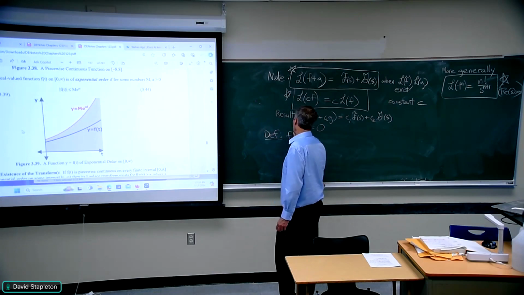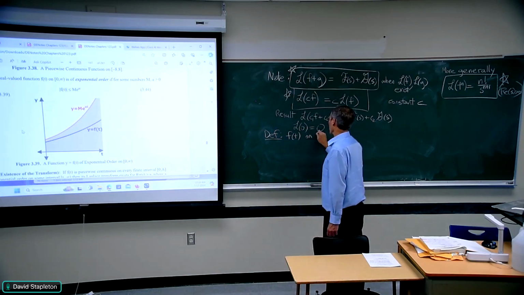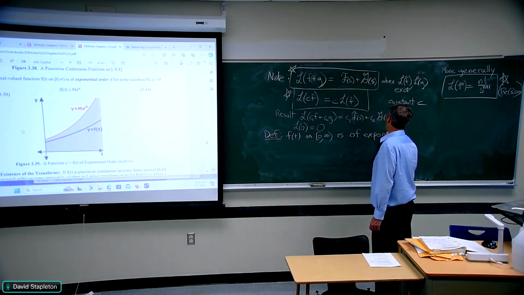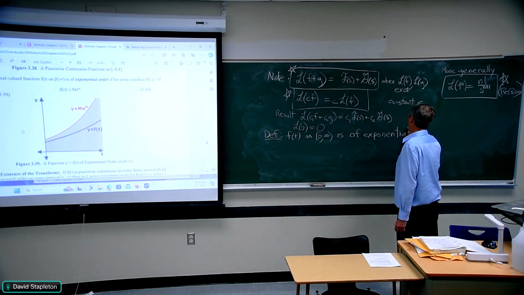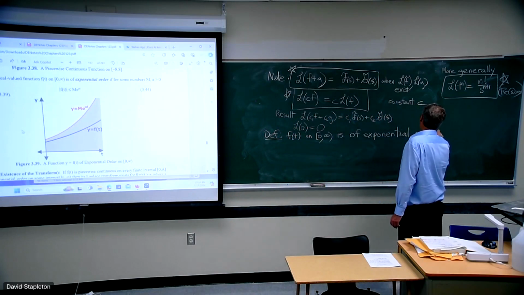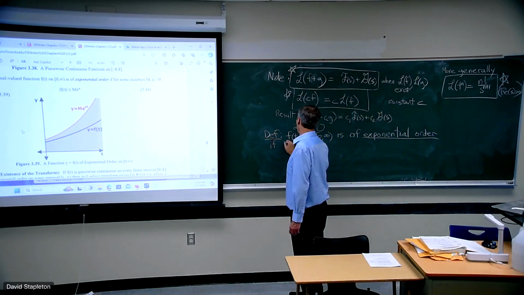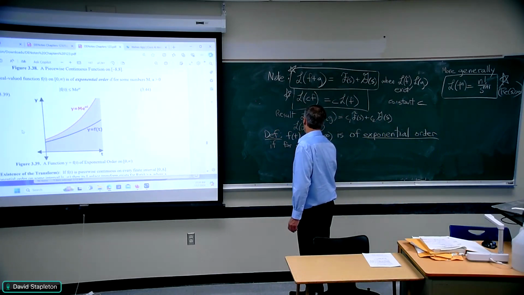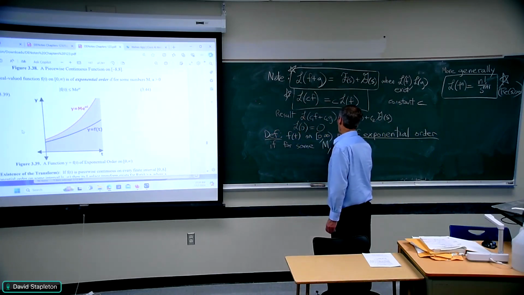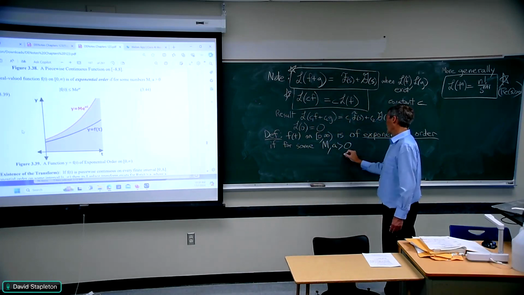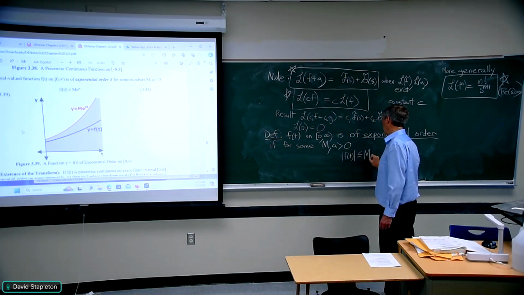We'll say that f of t, a function defined on the interval from 0 to infinity, is said to be of exponential order if for some positive numbers m and a, it is the case that the absolute value of f of t is less than or equal to m e to the at.